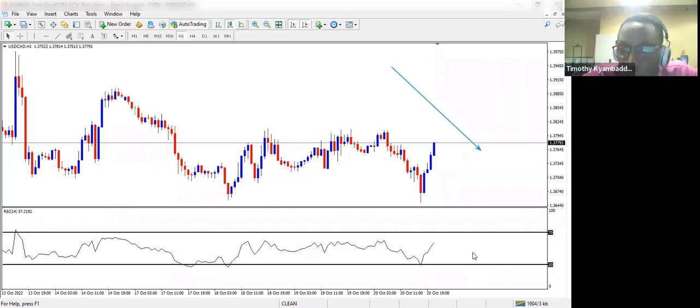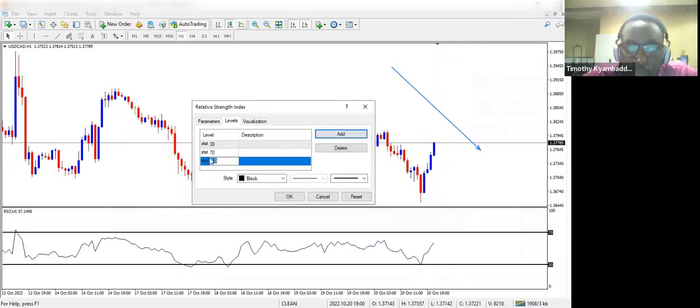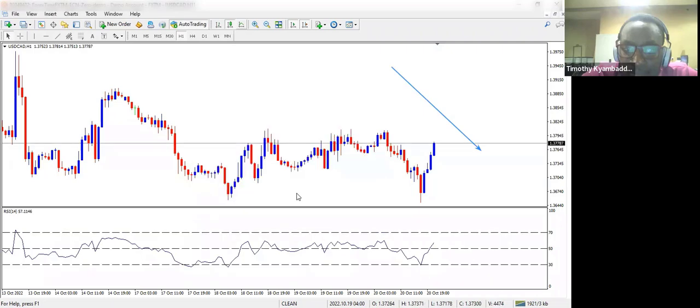Okay, maybe we also usually add the 50. Let's just add the 50 as well, the 50 being the midpoint, the midway line. Okay, we've added the 50 as well, the midway line between 0 and 100.